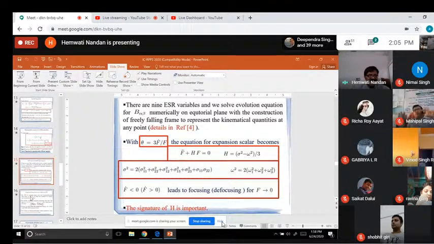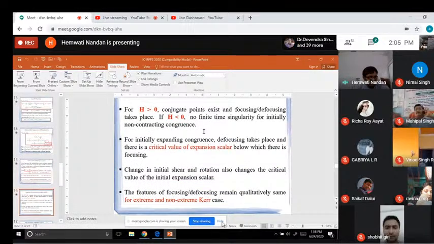When this h is greater than 0, this piece sitting over there, h, you can see again this equation, f double dot plus hf. Many of you have seen this, right? This equation is quite popular. You can think about a harmonic oscillator kind of situation there. Then if h is greater than 0, conjugate points exist, and focusing and defocusing can take place.